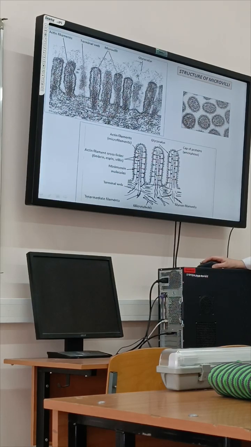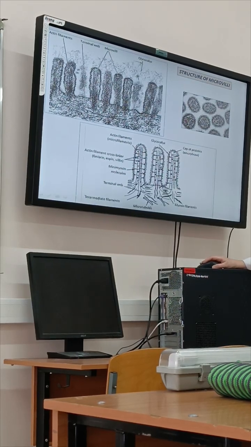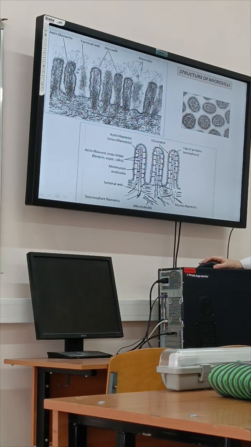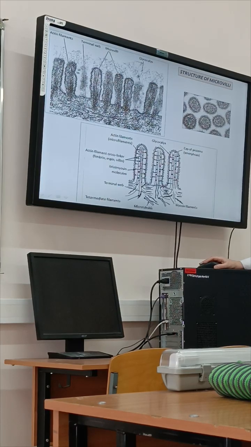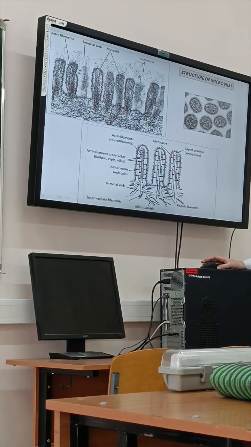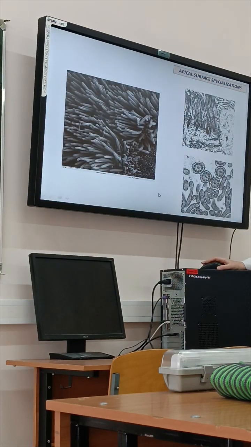And these microfilaments, orientated vertically, have additional proteins that join and fix these actin filaments between each other and with the membrane, and after that they incorporate in the terminal web.